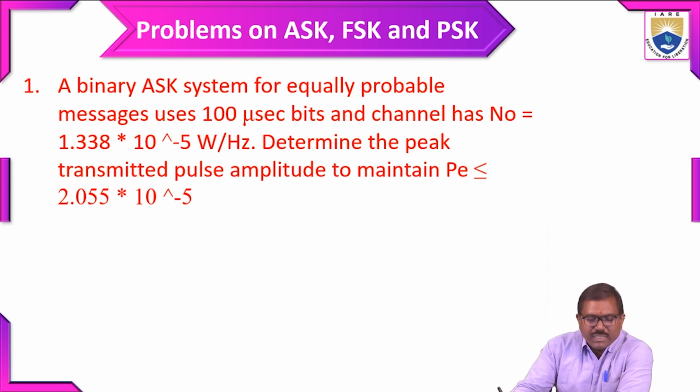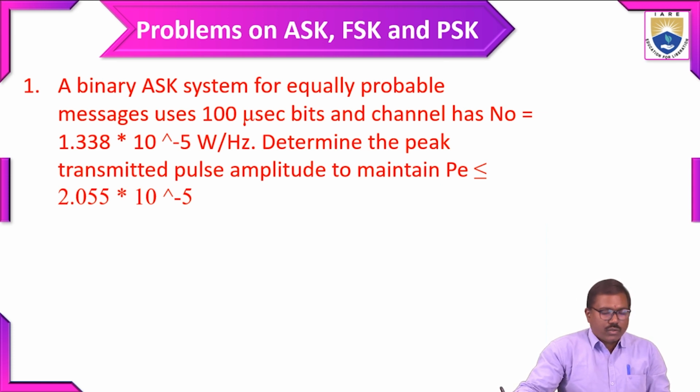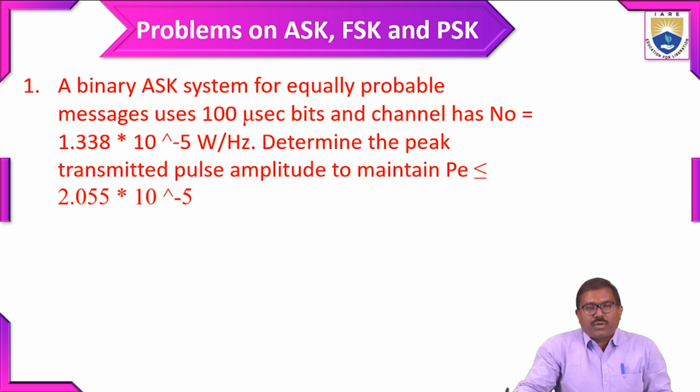Determine the peak transmitted pulse amplitude to maintain the probability of error less than or equal to 2.055 into 10 power minus 5. All these problems concern probability of error, noise spectral density, and bandwidths. Now we are going to solve this problem.